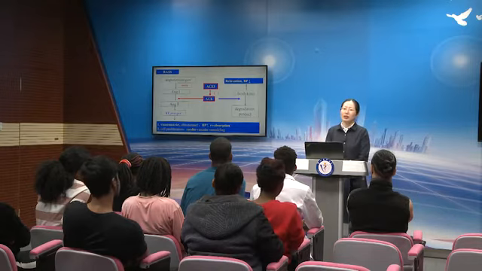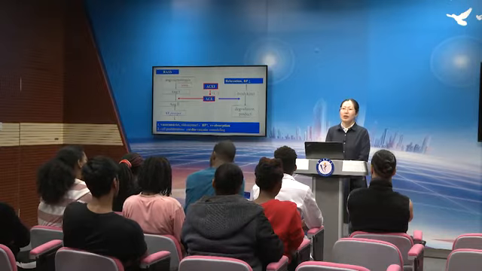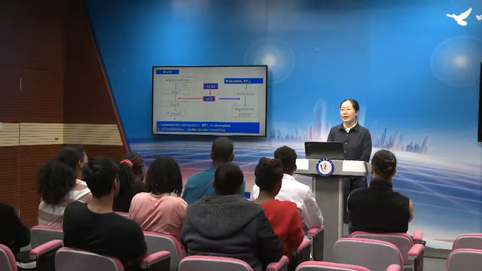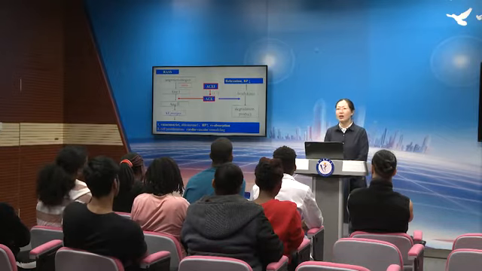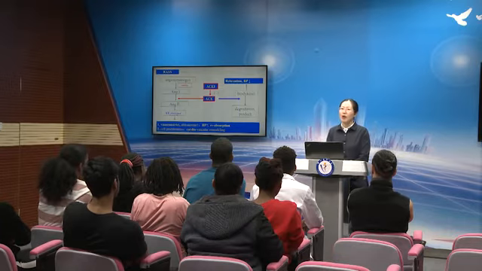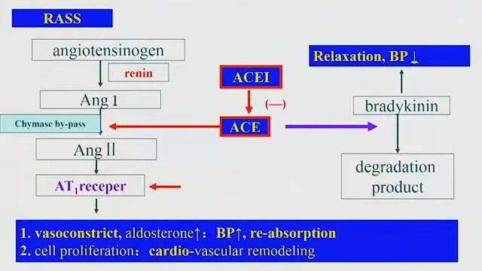But here we also know angiotensin converting enzyme also affects the bradykinin system. So that means ACEI also inhibit bradykinin degradation. Inhibiting bradykinin degradation, what's the meaning? That means we increase bradykinin.